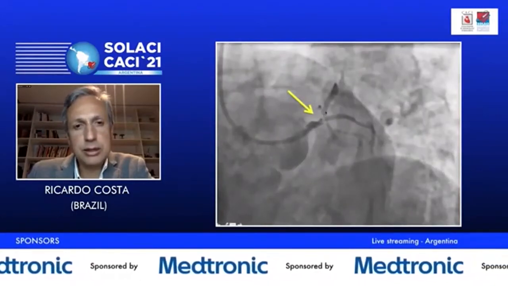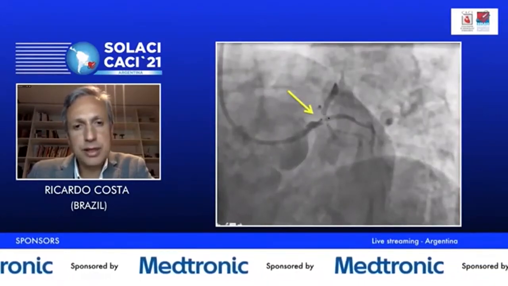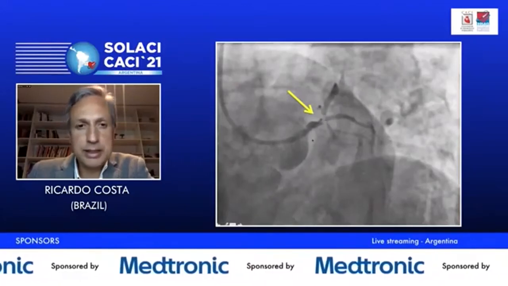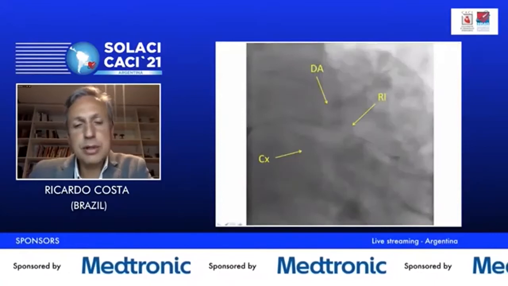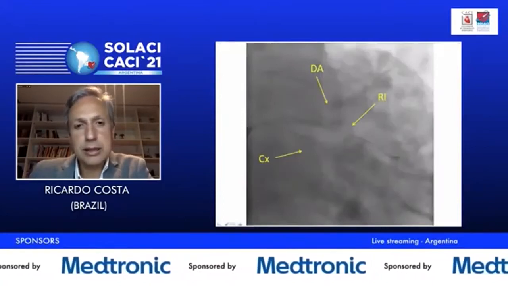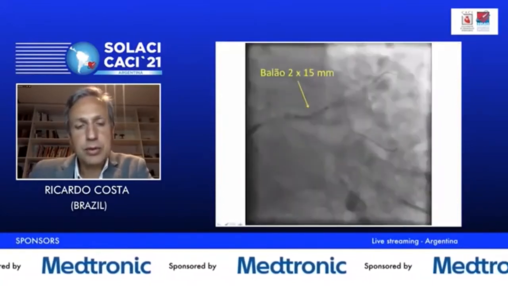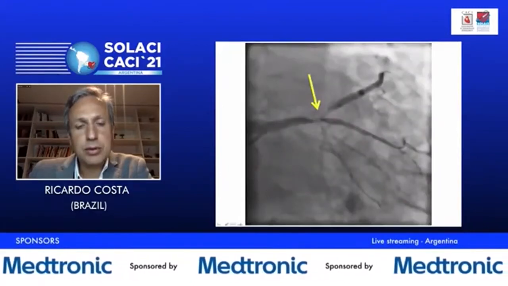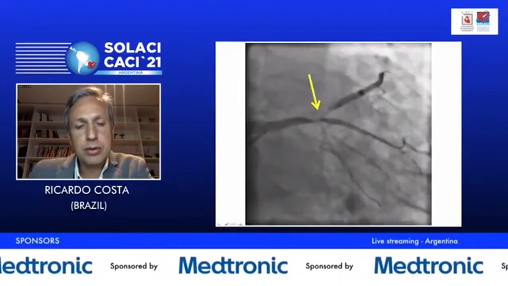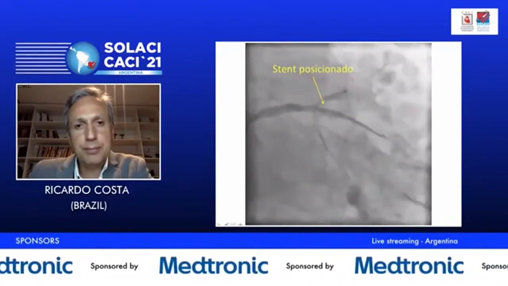There is thrombus here. The intermediate branch is not that important, so we cross the wire in the three branches. There the patient stabilized.